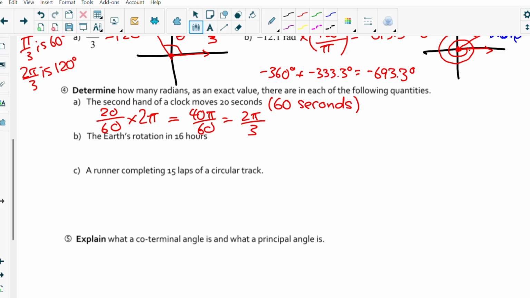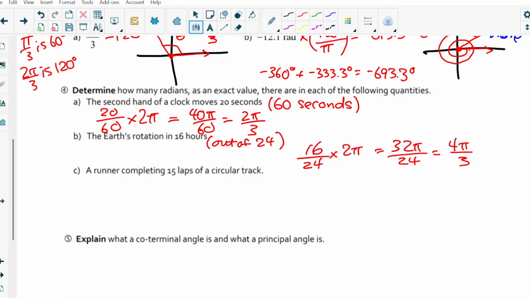The Earth's rotation in 16 hours, so this is out of 24 hours. 16 out of 24. What fraction of the full rotation, 2 pi, is it? Well, that's 32 pi over 24, and that's 4 pi over 3.